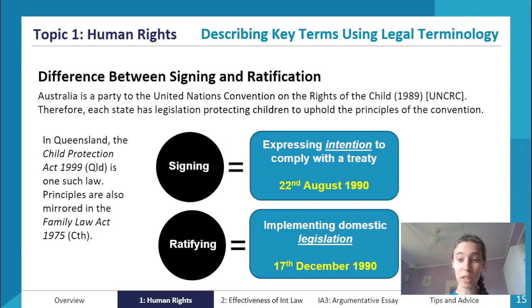One when it was actually made, 1989. One when Australia signed to express their intention to comply. And then one where it was ratified with that domestic legislation. So that's the difference there. Signing, hopefully, is a pretty easy word to remember, to understand that that means intention.